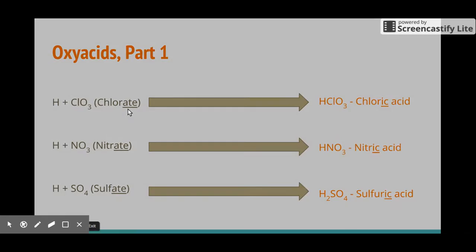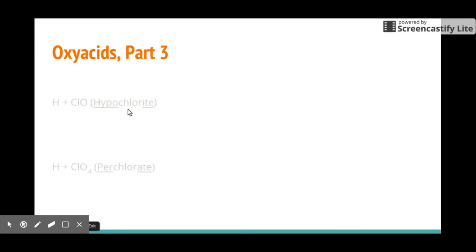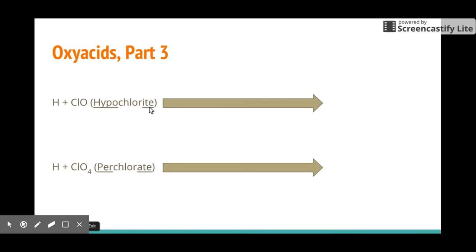ClO3 is chlorate, but hypochlorite has ClO, so it actually has two fewer oxygen atoms. And then perchlorate, which takes the form per-blank-ate, has one more oxygen atom. These are quite rare, but just in case they come up, this one still ends with "ite," and this one still ends with "ate." So that previous rule still applies. This is going to end with "ous," and this is going to end with "ic." But you also keep the prefix. So hypochlorite, instead of just becoming chlorous acid, becomes hypochlorous acid, and perchlorate becomes perchloric acid. So you just need to know that.